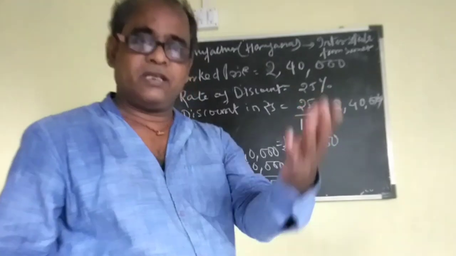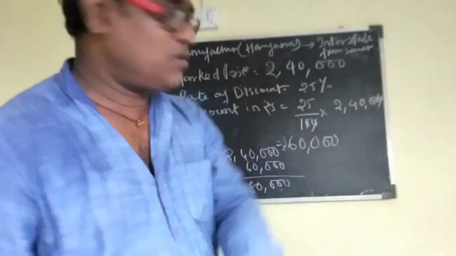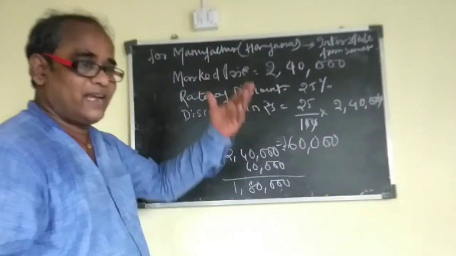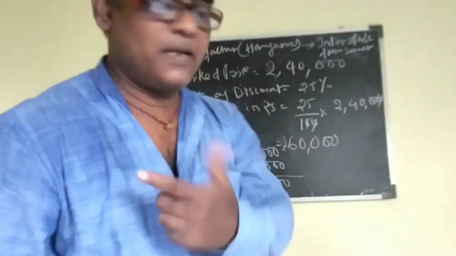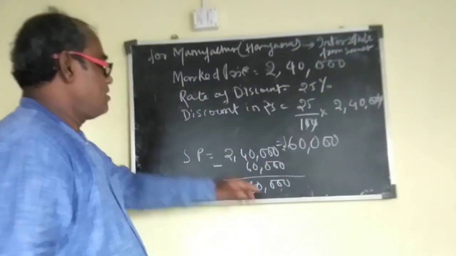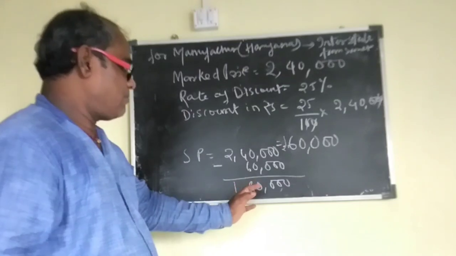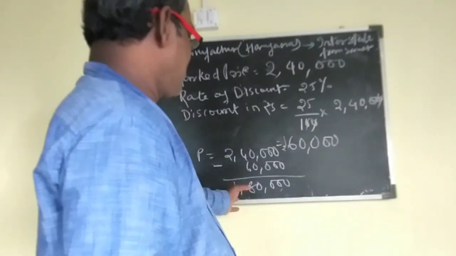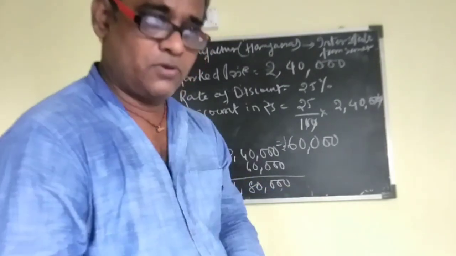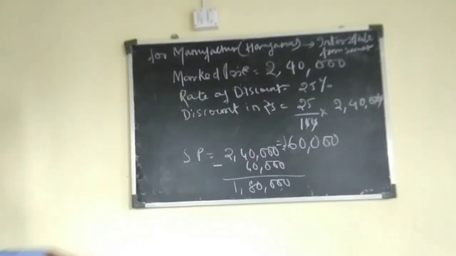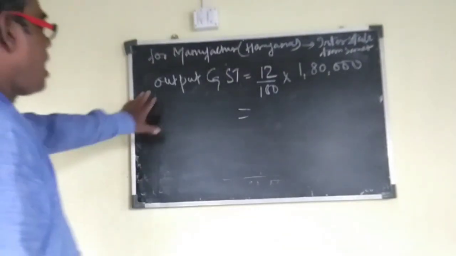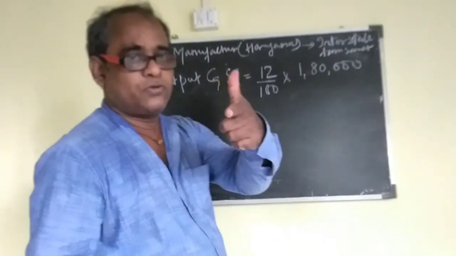He will charge GST. That means output GST, which is at the rate of 12% will be on this. So let us write output GST of 12% at rupees 1,80,000. Output GST, the GST rate was 12%.